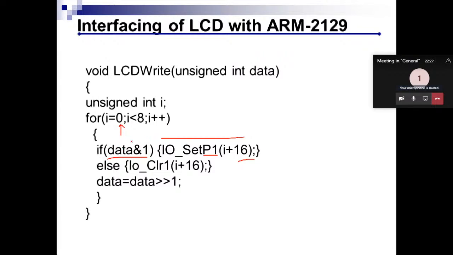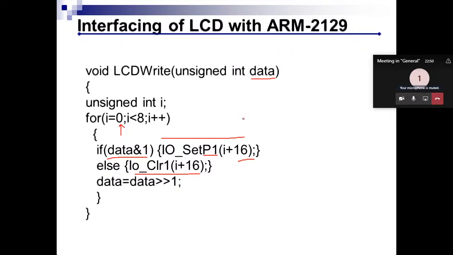If this AND operation results in 1, then I want to set this pin, otherwise I want to clear that pin. So whether P1.16 will be 1 or 0 depends on what type of data you want to write to the LCD. If the corresponding bit is 0, then I want to clear that pin. If that corresponding bit is 1, then I want to set that particular pin.